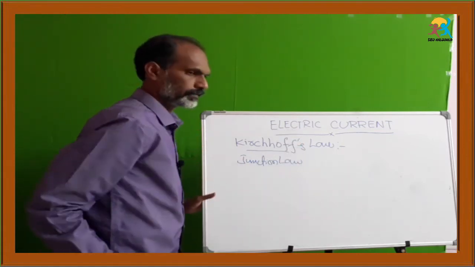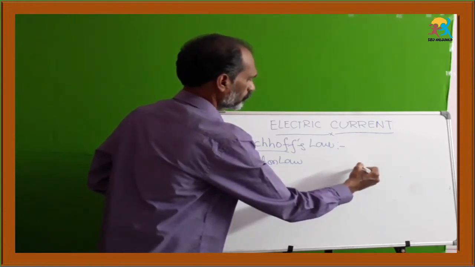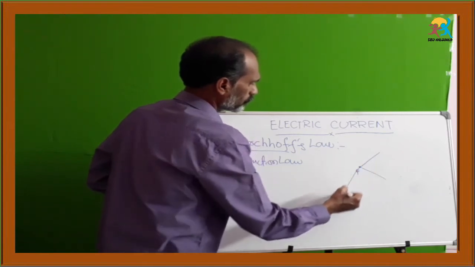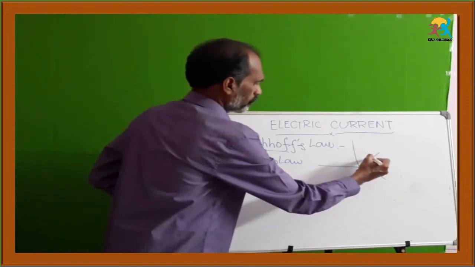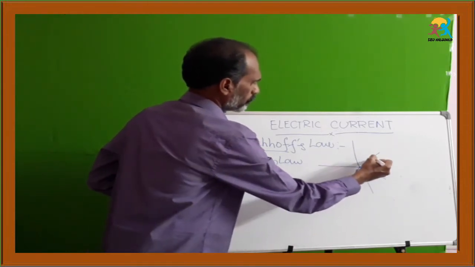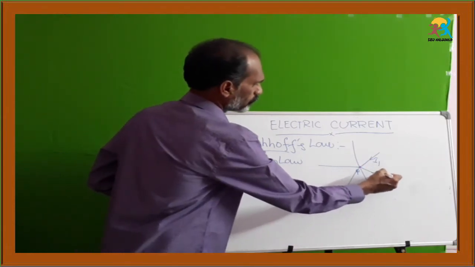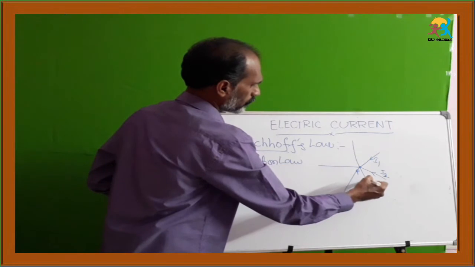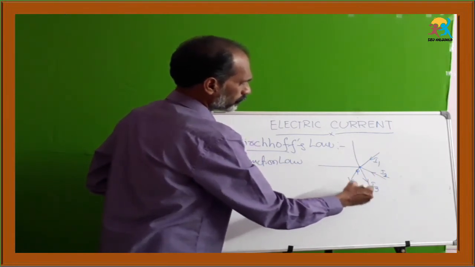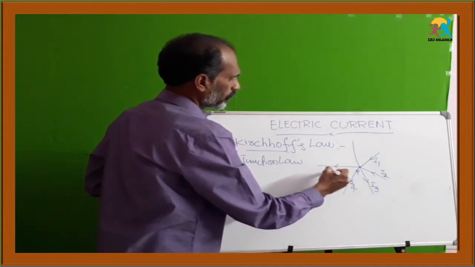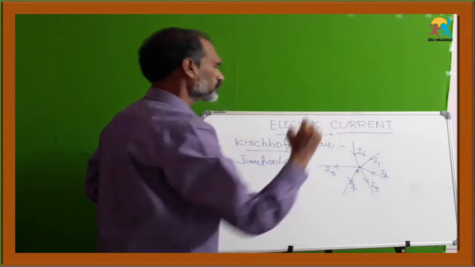In this junction law, suppose there is a junction point P, and different paths are there at the junction P. Current I1 is coming towards the junction, I2 coming towards, and I3 away from the junction, I4 also away from the junction, I5 also away, and I6 is coming towards the junction.